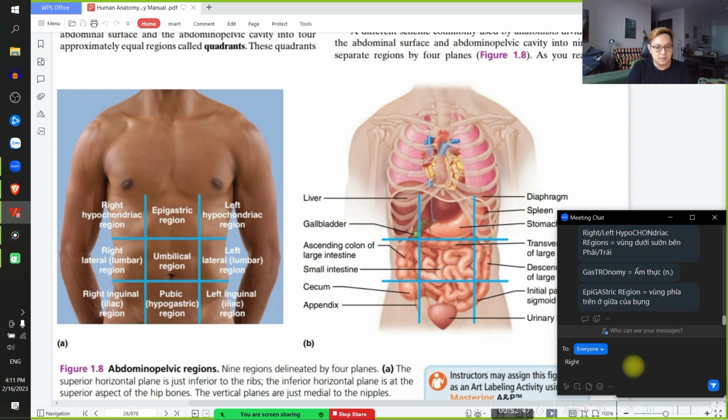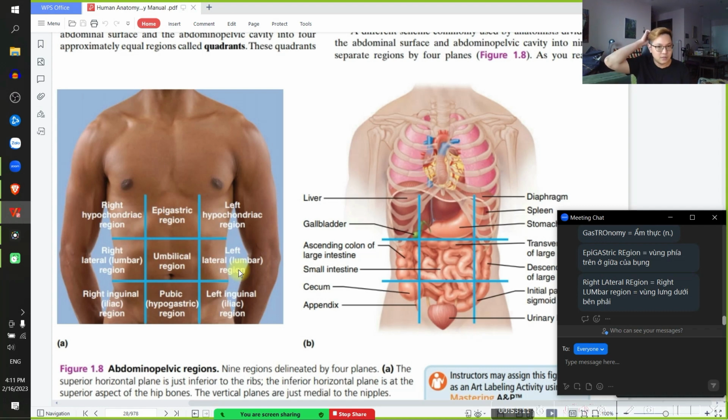So right lateral or right lumbar region, the right lower back. We have the left lateral region, of course, the left lower back. 9 regions in total.